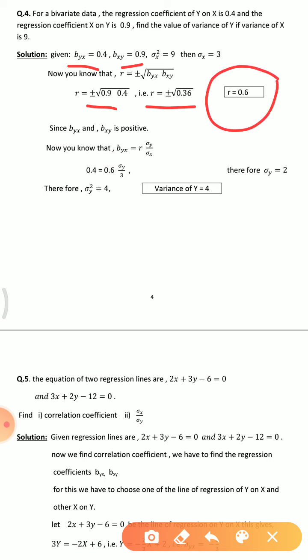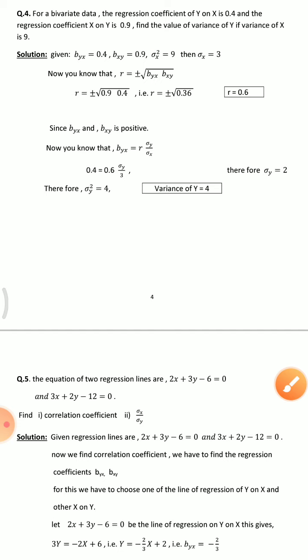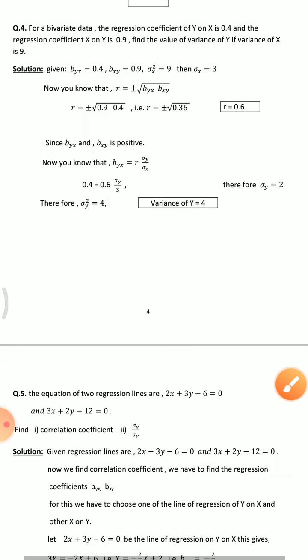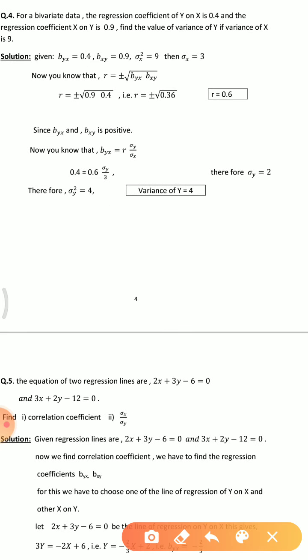The value of r is equal to 0.6 here. Then see this, the regression coefficients of y on x and x on y, both values are positive here. Therefore the value of r is also positive, since b of yx and b of xy are positive here.